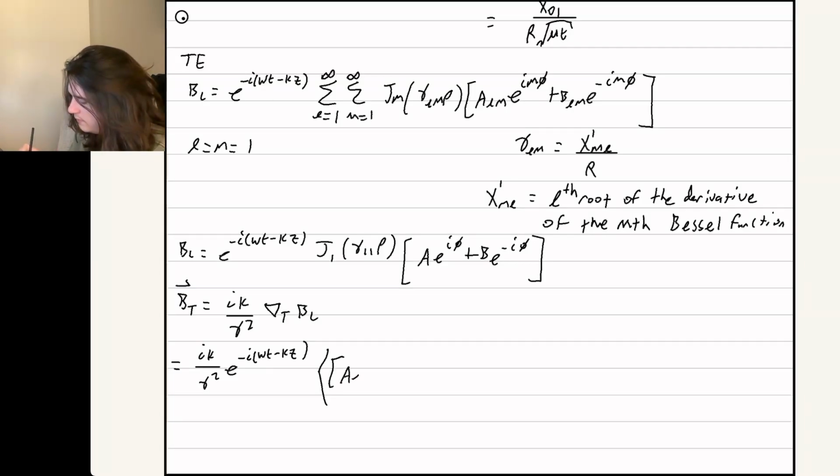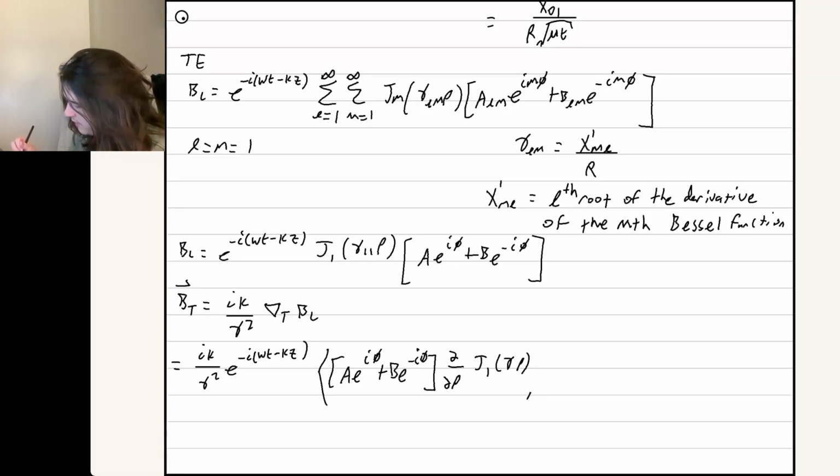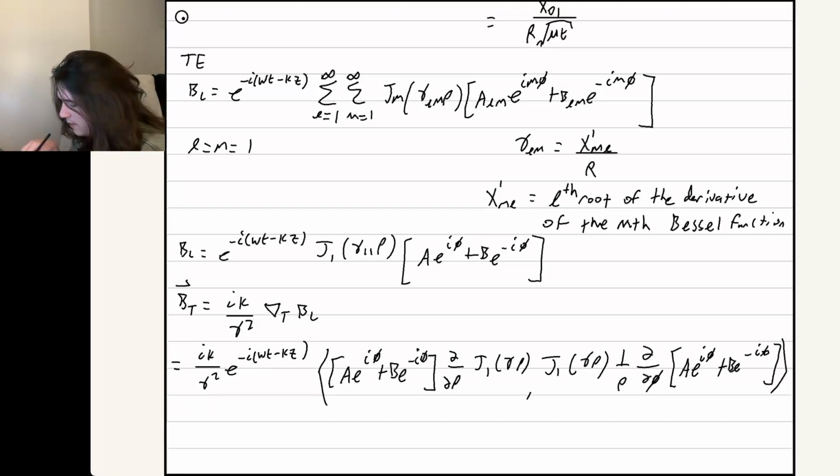We have that it's A e to the i phi plus B e to the minus i phi times the rho derivative of the first Bessel function. And then the phi direction, you're going to have the first Bessel function over rho, and the phi derivative of the phi dependent stuff, A e to the i phi plus B e to the minus i phi. Right?